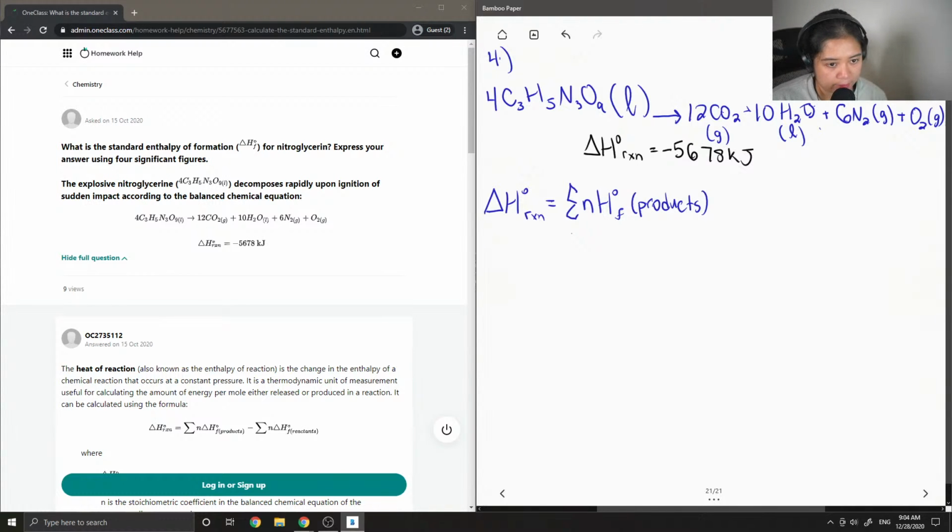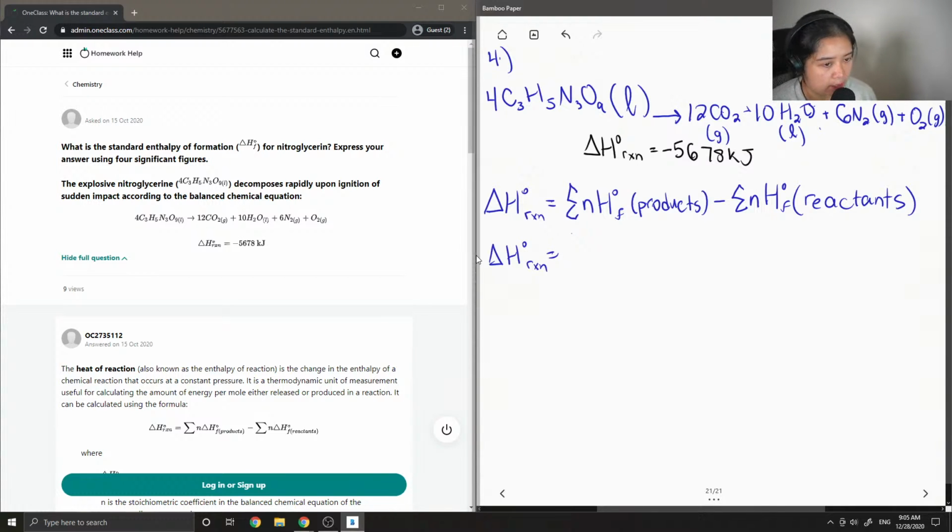And then this is subtracted by the sum of N times the enthalpy of formation of all of our reactants. Okay, so in the case of our question, I'll show what this equation would look like if we were to sub in all of the values.